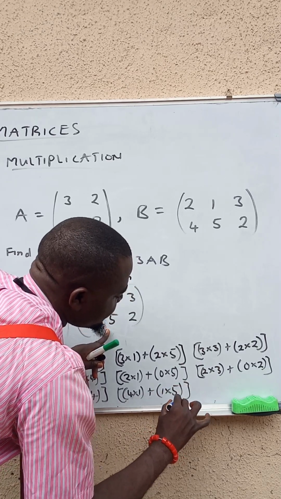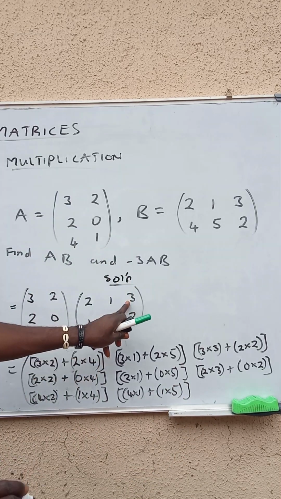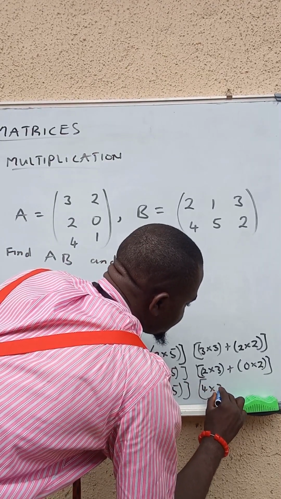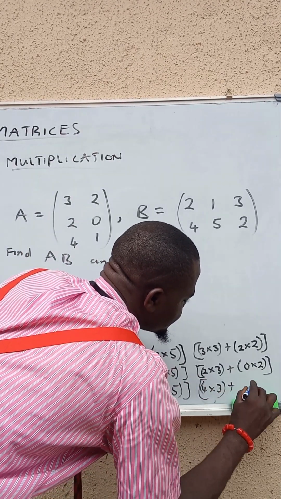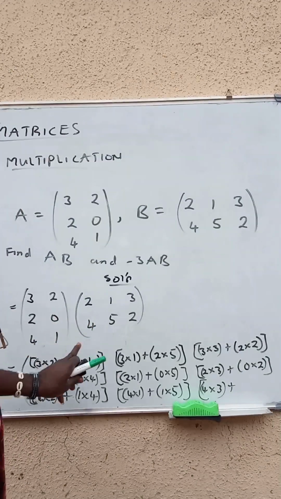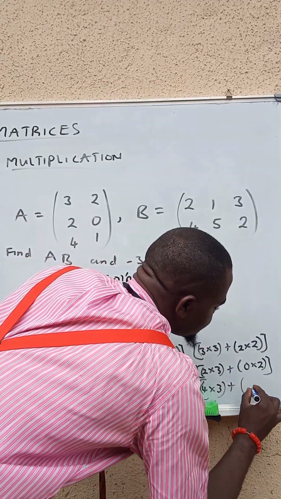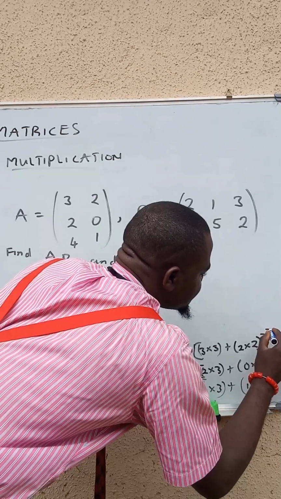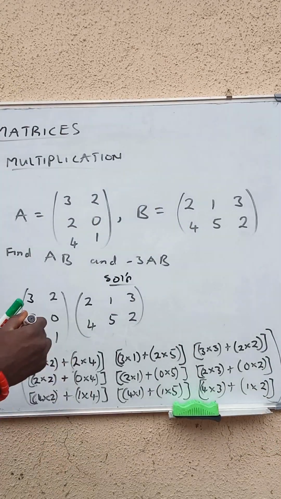Then 4 times 3 plus 1 times 2. So in this case, you can now put your bracket.